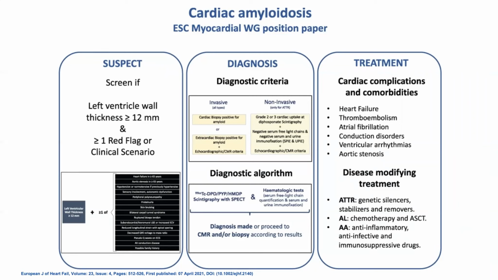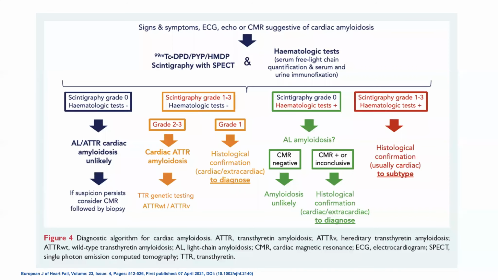You can use it for diagnosis, but up to now not for the follow-up of the patient, so only for diagnosis. If we analyze this algorithm in depth, we can find 4 different scenarios: 1, 2, 3, 4.